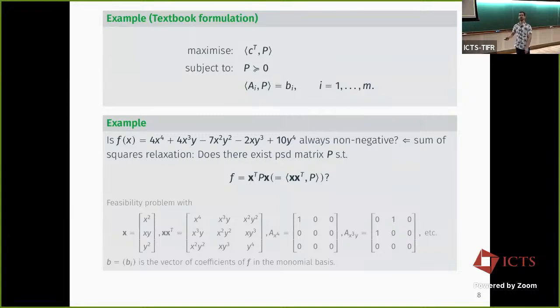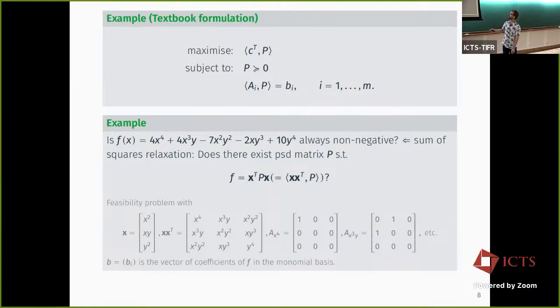And again, here's the same thing. We have this polynomial. And then we say, is it always non-negative? And we relax this question to the question of, does there exist a sum of squares decomposition for this polynomial? And this corresponds to the existence of a PSD matrix P, such that our polynomial can be written as a quadratic form. Okay? And here, what are these objects?